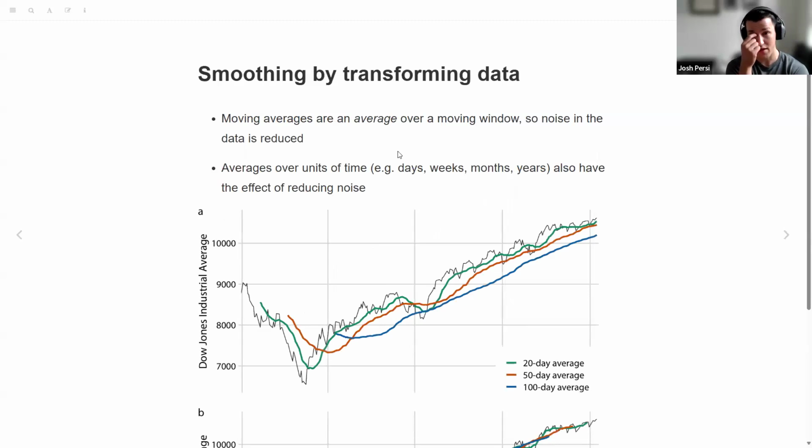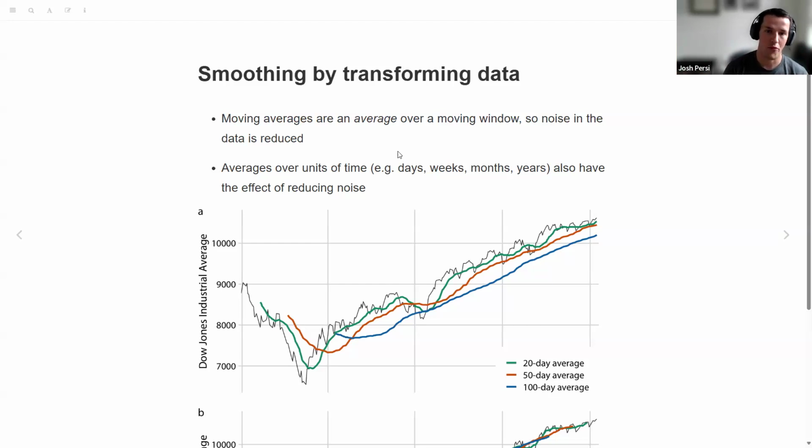The first way the author mentions transforming data is by doing a moving average, by taking an average across a moving window of time. It could be like 20 days, 100 days, presumably other units of time, weeks, months, years. What you're doing here is averaging the value across that window, and you're moving through your time series.